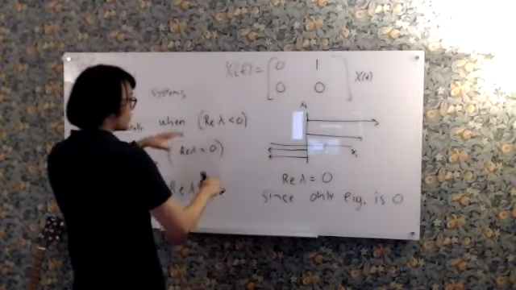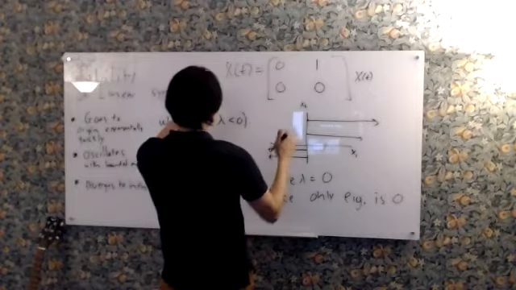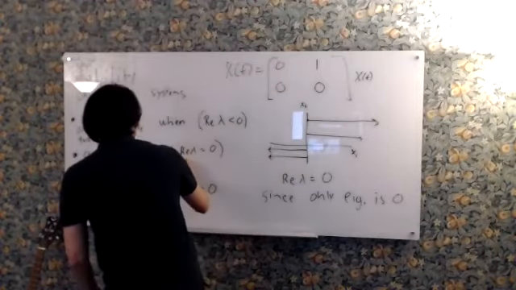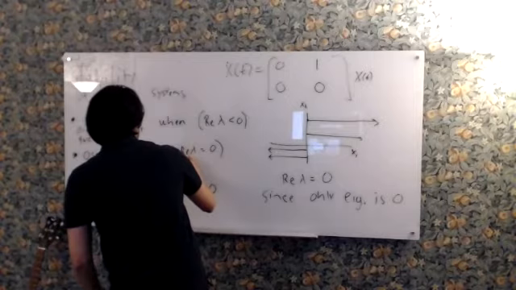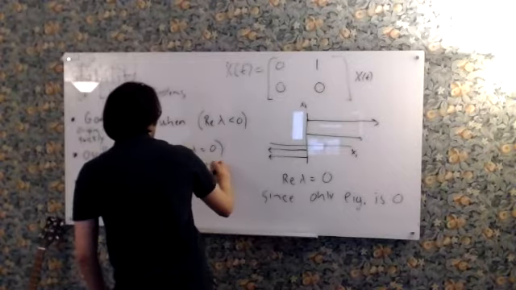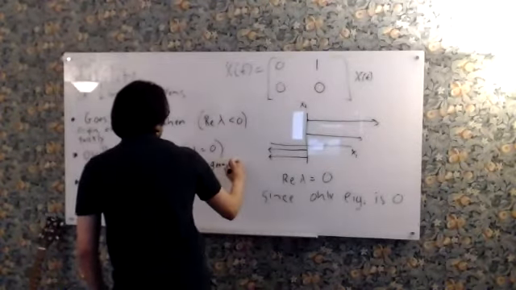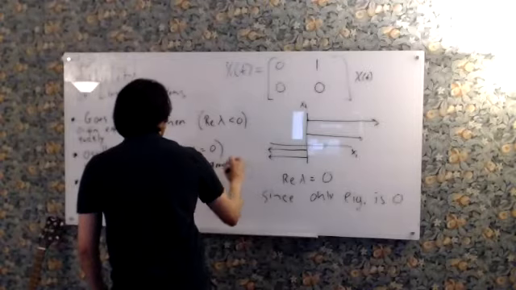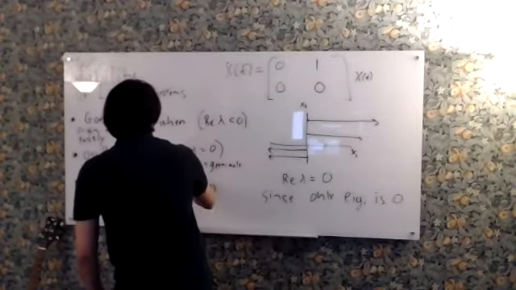So what's going on, when we had that scenario, and we'll talk about this more later, this is when the algebraic multiplicity equals the geometric multiplicity. And we'll talk about that more.